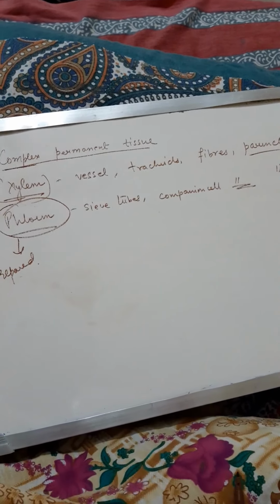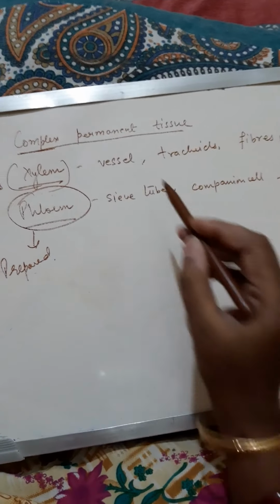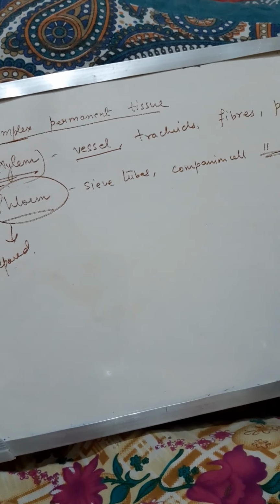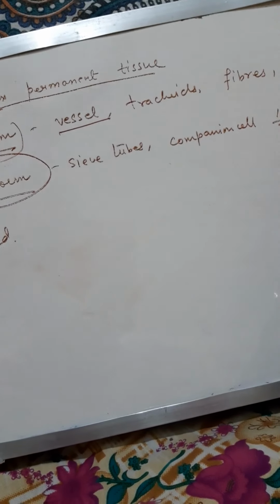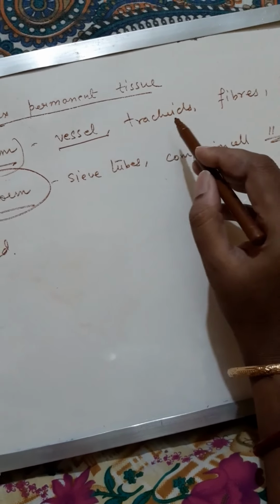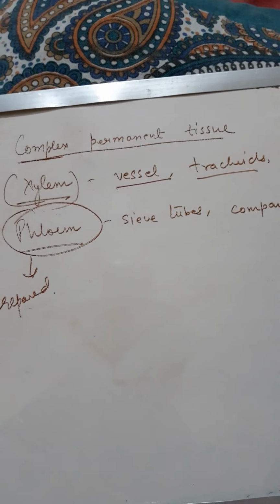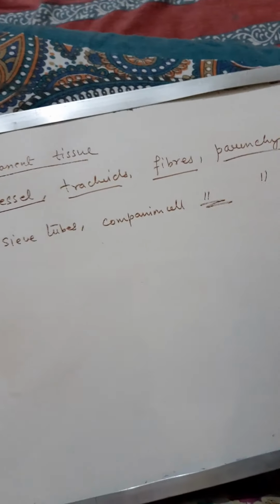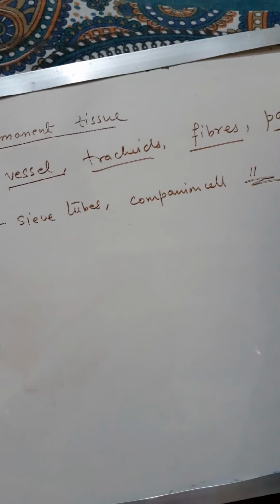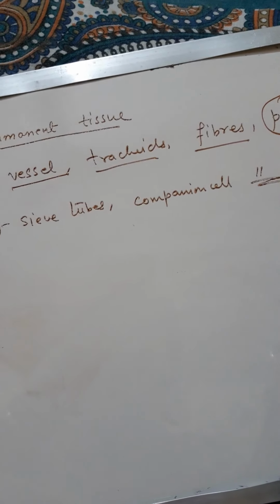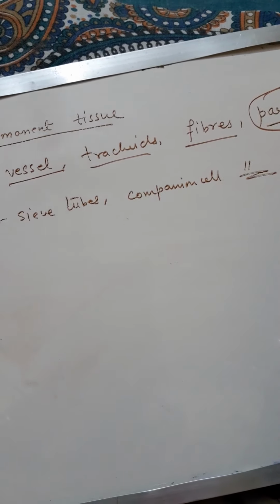Similarly, these also have the same function. Vessels and tracheids and fibers are actually the pipeline which is carrying this and providing strength. And parenchyma is the storage, that is your tank.